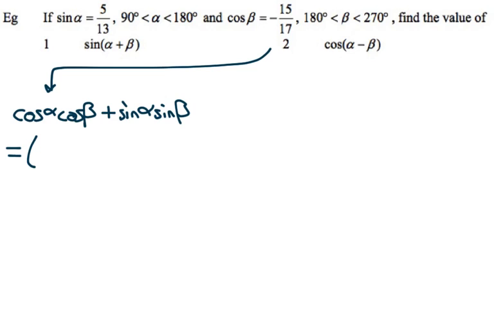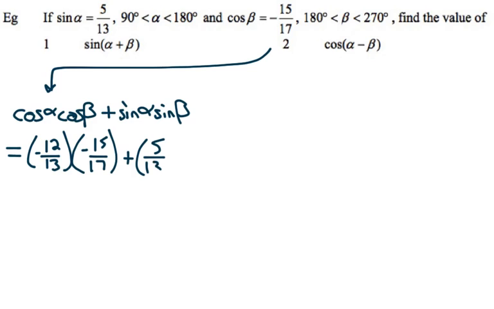Cos A being negative 12 over 13. Cos B, negative 15 over 17. Sine A, 5 over 13. Sine B, negative 8 over 17.